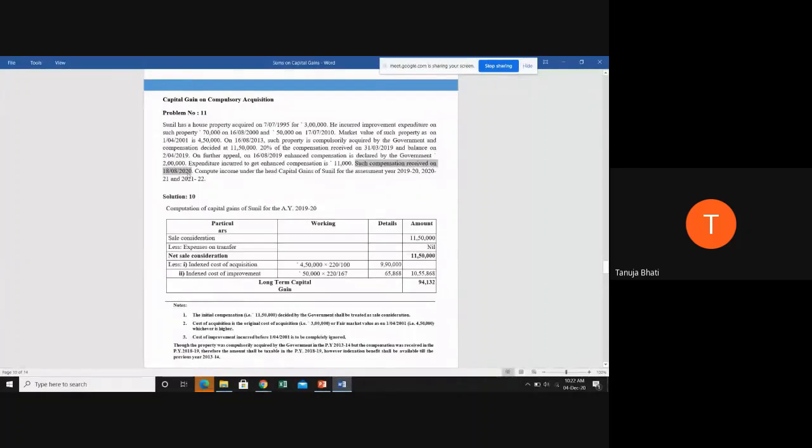So tell me, in which assessment year will this be taxable, students? Enhanced compensation you're receiving on 18/8/2020. So in which assessment year should this enhanced compensation be taxable? Yes, students. 2020-2021, ma'am.